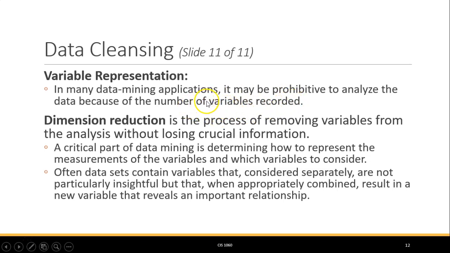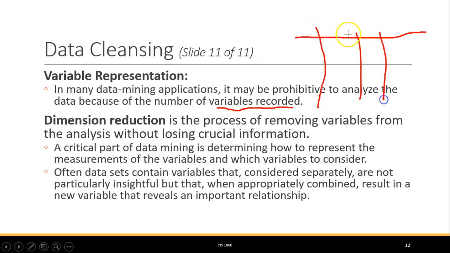This is typically related to dealing with big data. It has to do with the fact that you might have too many variables recorded. And remember, variables are the items at the top of your spreadsheet. So variables are up here. And sometimes those variables could be in the range of like 100 or even like 1,000 variables.